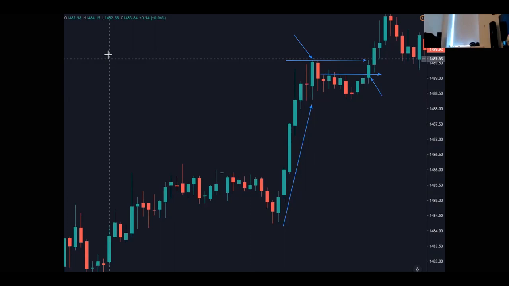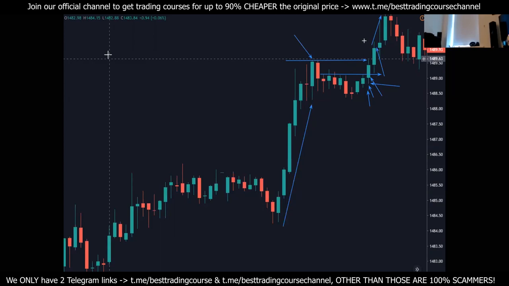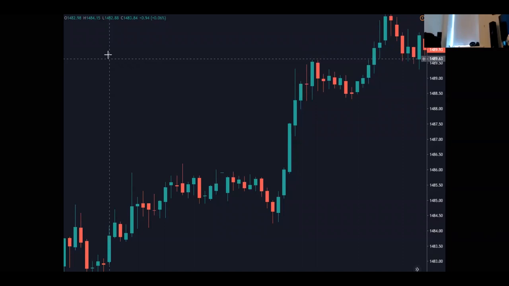So since we're making higher highs and higher lows, price needs to respect this low and continue moving bullish. And then price starts to move bullish after this. So at the end of the day, you're placing your trust in the fact that if price is bullish, candles have to make higher highs and higher lows. That's very, very important.